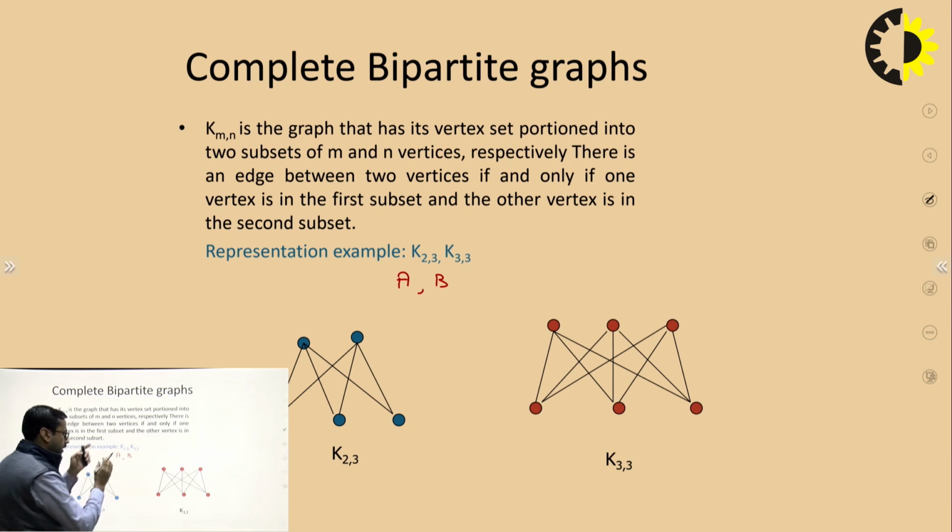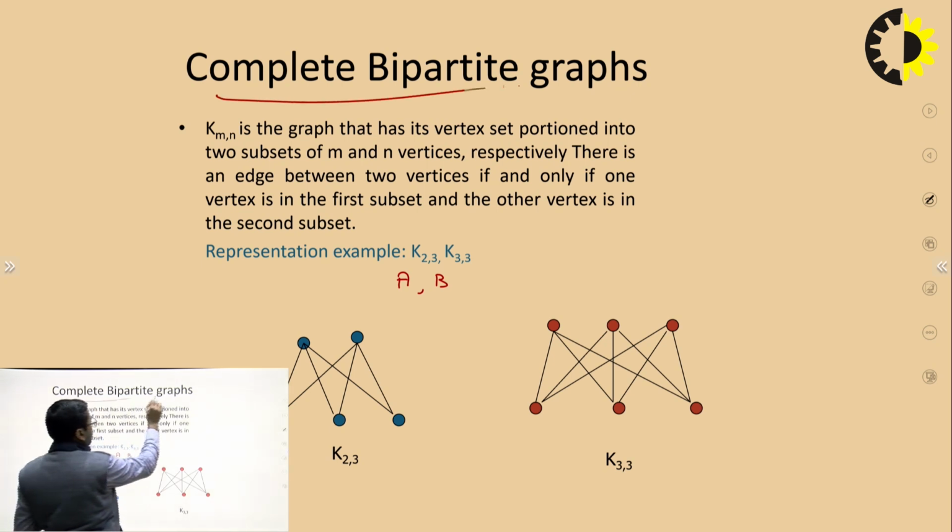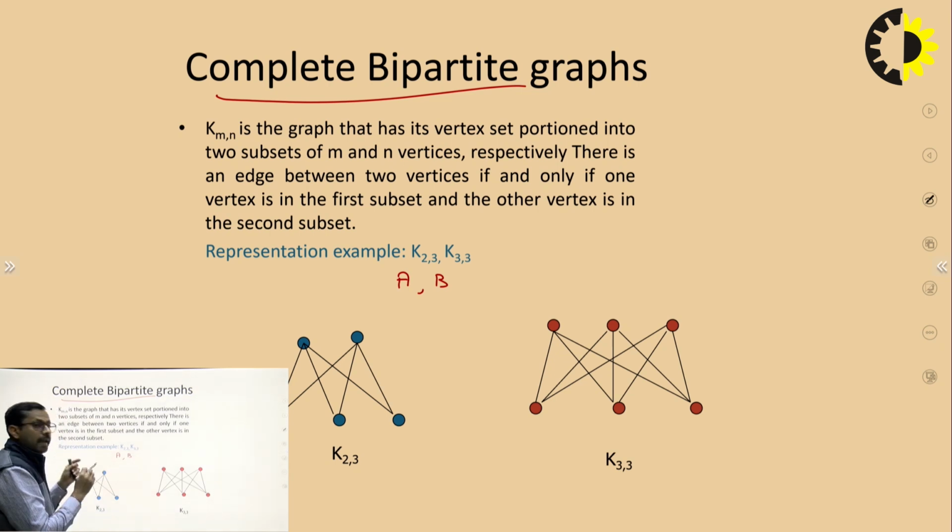All the elements in set A are connected with set B, but not within set A, and the same for set B, all the elements are connected with the elements of set A, but not within set B. The concept is that every element of set A is connected with all the elements of set B.